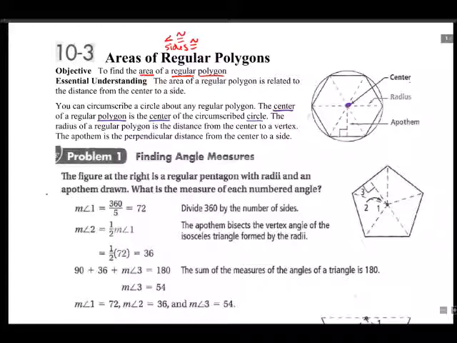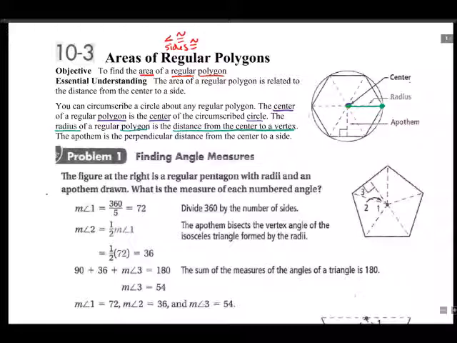And what that lets us do is to draw radii. The radius of the polygon is the distance from the center to a vertex. So we go from the center to the vertex of our polygon, and you can see that that is the radius of the circle. And this is the line that we are looking for. This is why we draw the circle, because we want this radius.